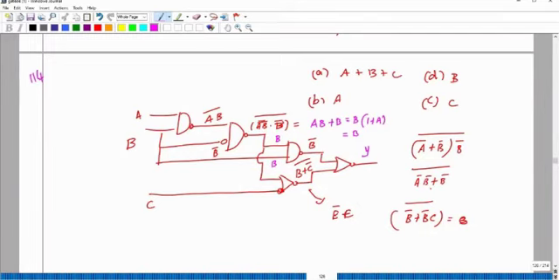So the final answer is B bar plus B bar C, the whole bar. So if I take B bar common, I'll get 1 plus C, the whole bar, right? So this is nothing but B bar into 1, the whole bar. That is equal to B. B is your answer.